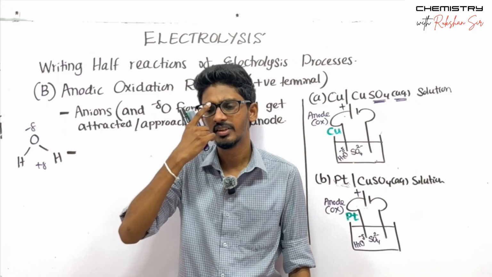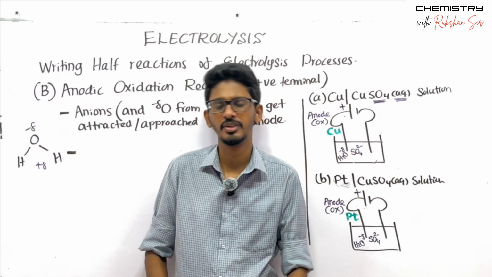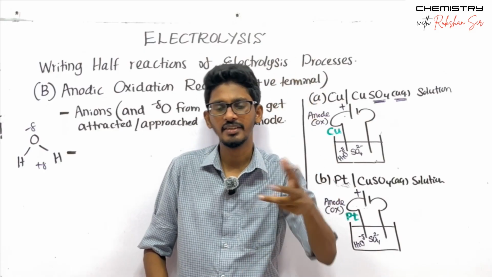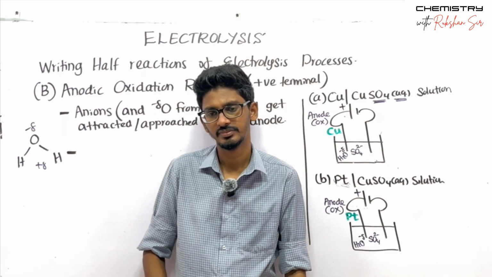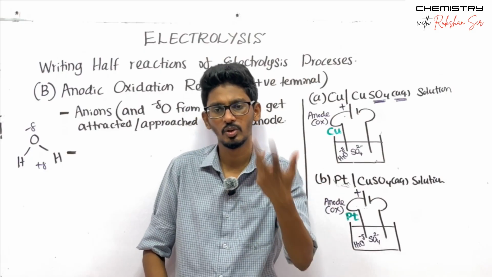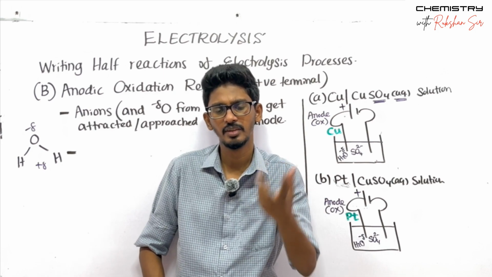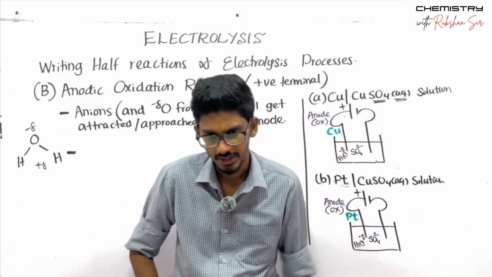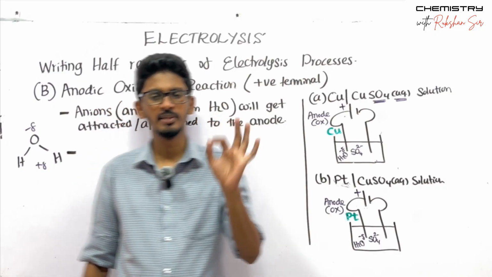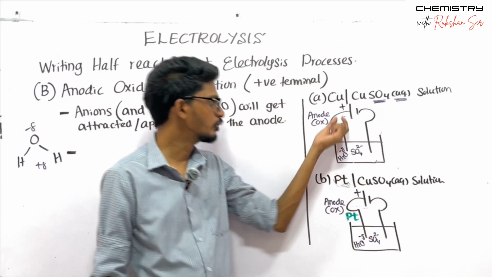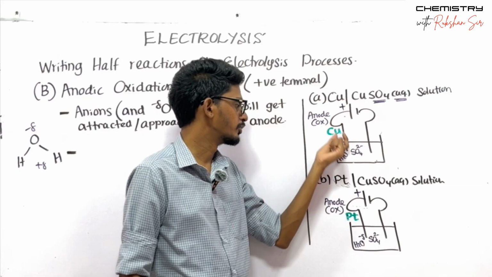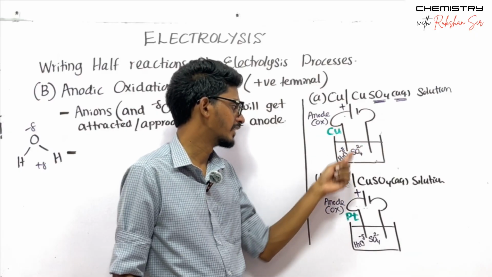Other than those two, all the other metals, we can see some oxidations. Even in silver, you obtain silver as silver nitrate, silver chloride. There silver appears as silver plus ion. So silver is also capable of coming up as ions. So other than platinum or gold, if any other metal is used as your anode, that is the one which is going to oxidize, and not anyone from the solution.